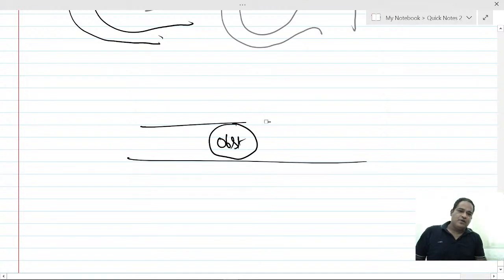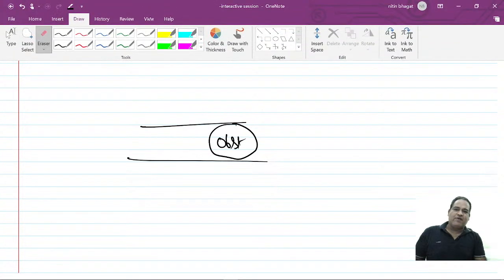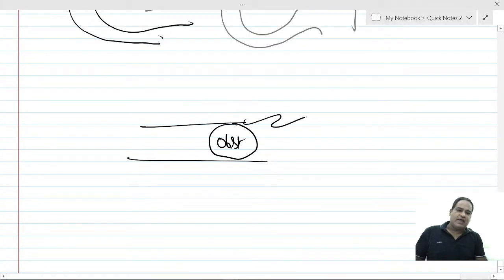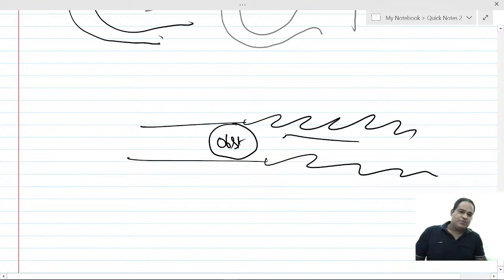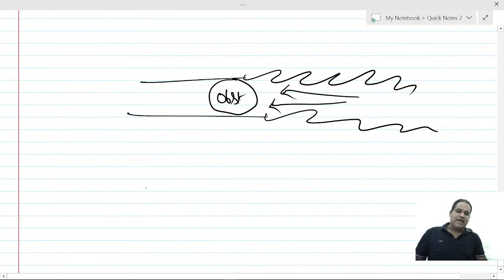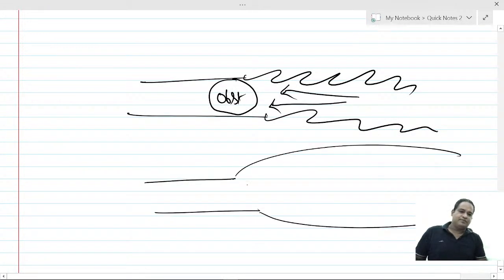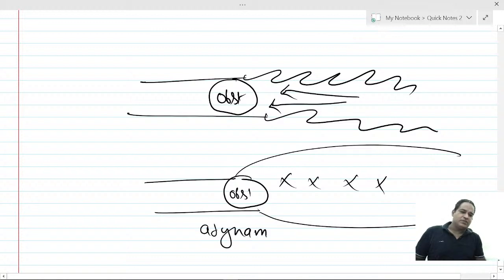For example, there is some obstruction and the bowel is desperately trying to overcome it. That is dynamic. When the bowel is listless and not trying to overcome the obstruction, this is an adynamic obstruction.